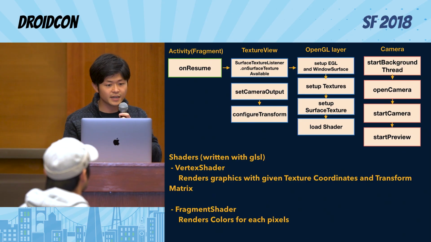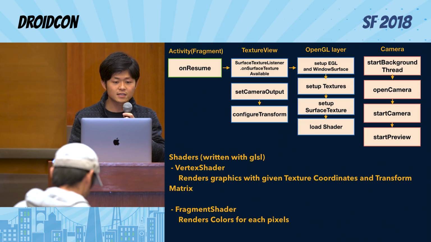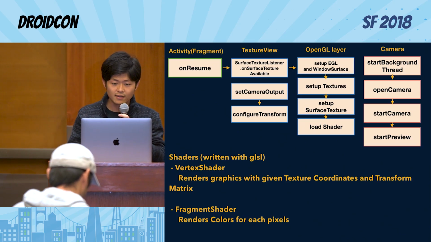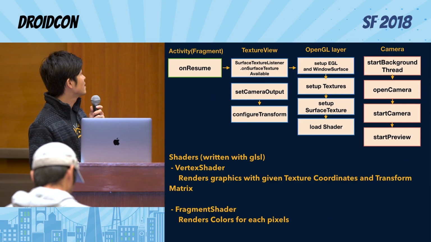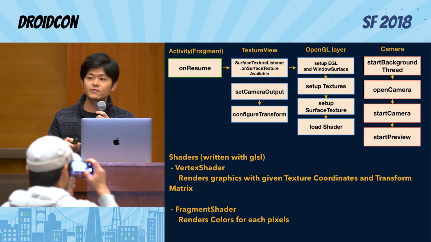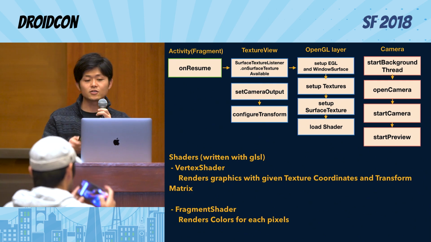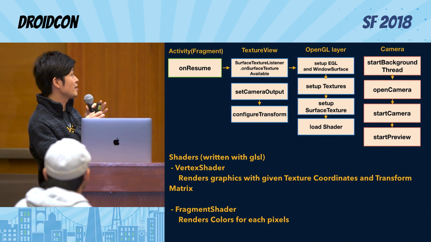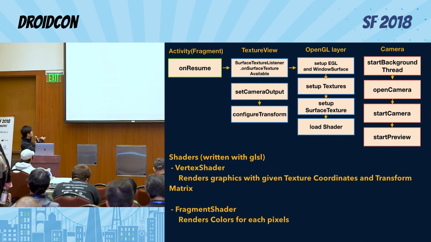The first one is a vertex shader. It renders graphics with a given texture coordinate to transform the matrix. The second one is a fragment shader. This actually renders colors. Let's say there are two objects, and they overlap. The fragment shader will dictate how to change the color for each pixel.